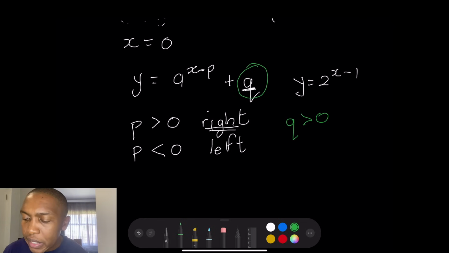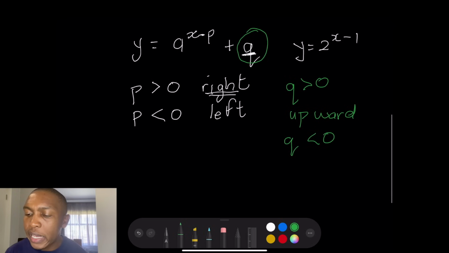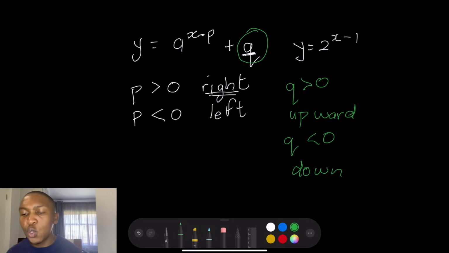But in this case, when q is greater than 0, it's an upward shift. And again, when q is less than 0, it's a downward shift. What I would like to get to ultimately is that we should get to a point where we can do some examples on this.